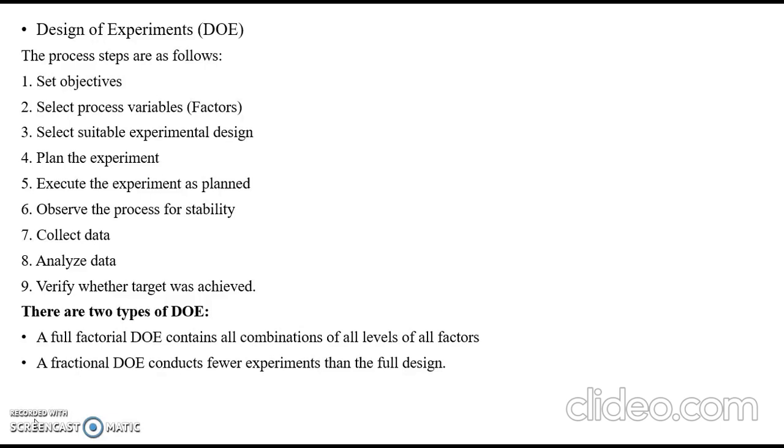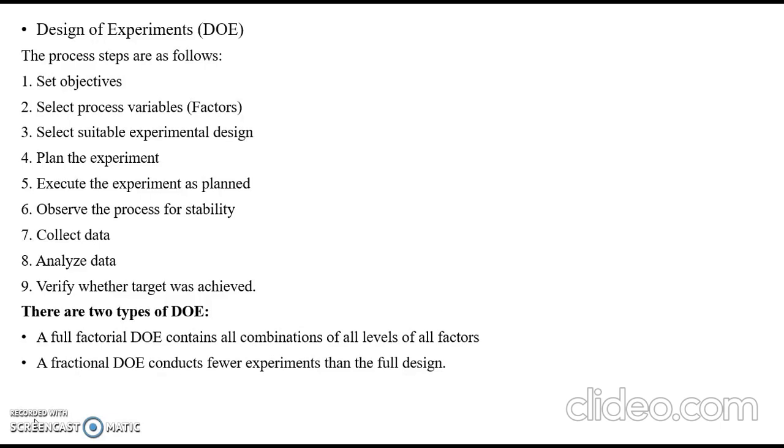And at the last, verify whether the target was achieved. Once the charts are prepared, find out whether the experiment achieved the objectives for which it was initiated. If found satisfactory, the next step is to go ahead with the improvement plan.